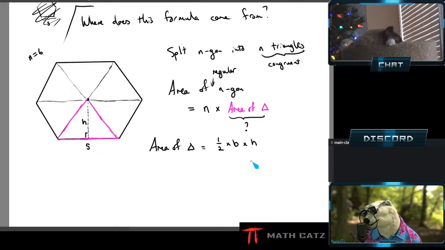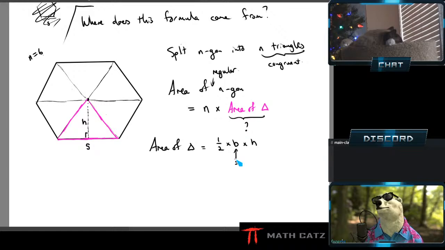But I have the base. The base is the side length S. Side length is given from the start. I need to know the number of sides of the regular polygon. I need to know the side length, which is all the way around the same. And the formula can then calculate it.